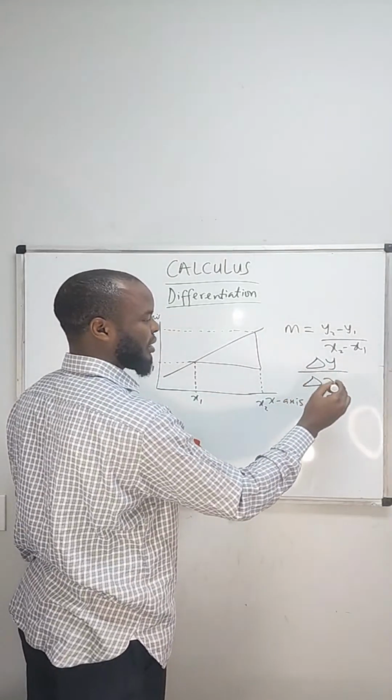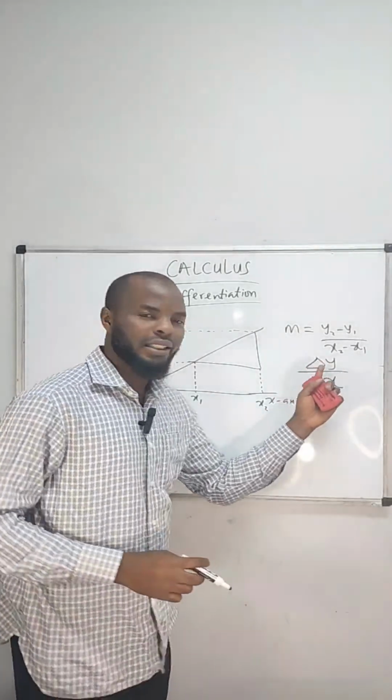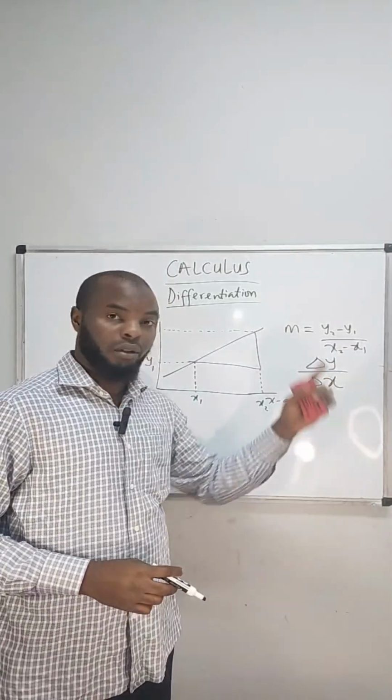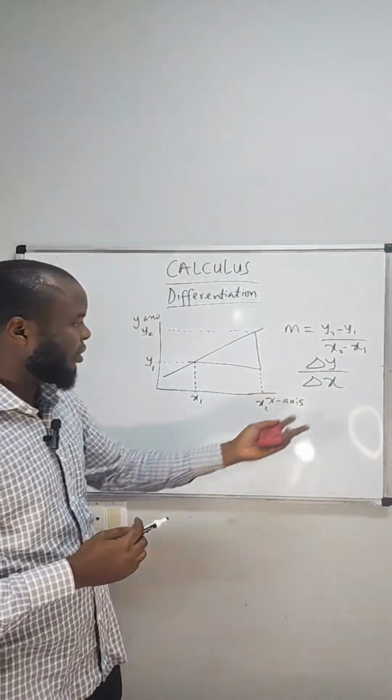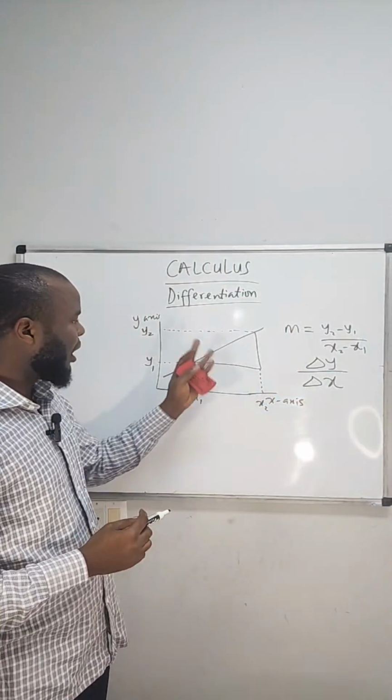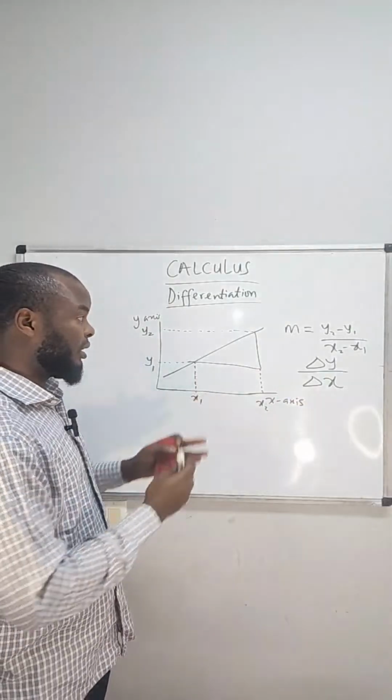And this is the same thing as delta x. So that is the change in y on the vertical side over the change in x on the horizontal side. So this is the basic concept of calculus.